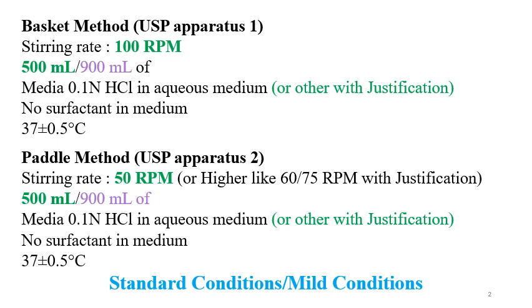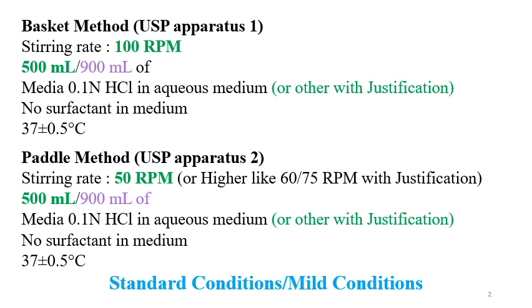There may be chances that the dissolution test does not have the specific or discriminatory power to detect the mismanufactured or bad batches and the good batches. So standard conditions or mild conditions are to be used for dissolution testing.